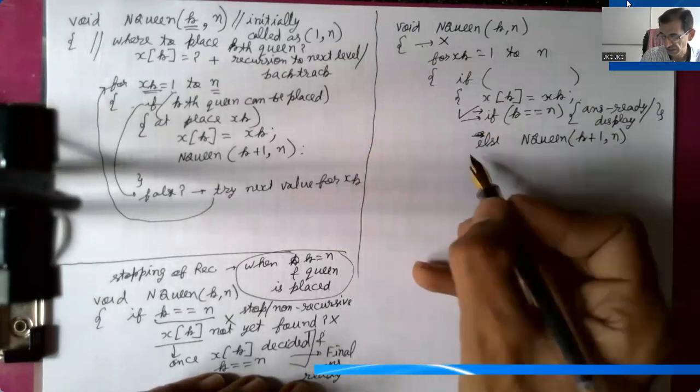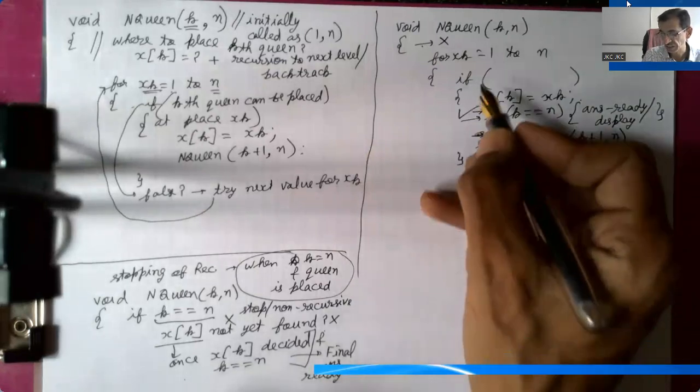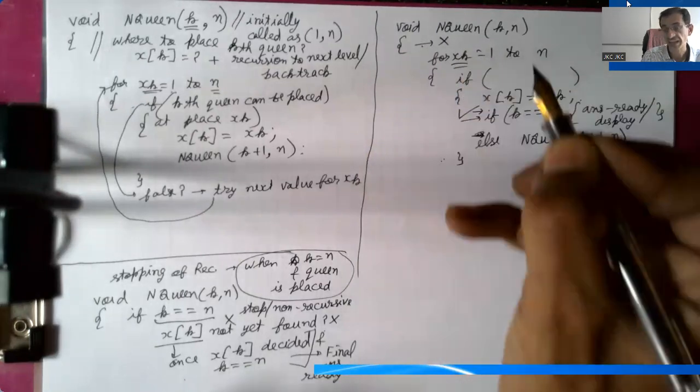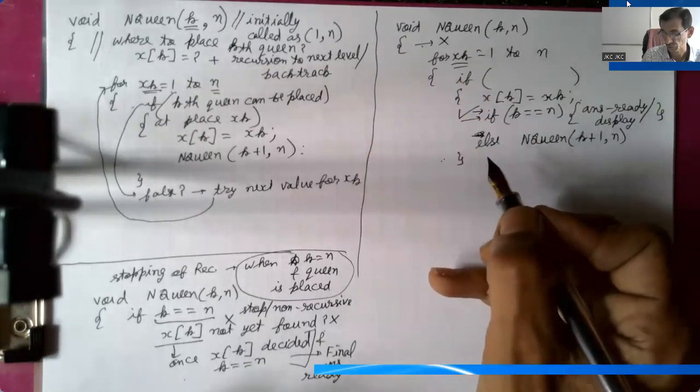And having said that, if value is not acceptable, automatically the next xk will be attempted, and so on.